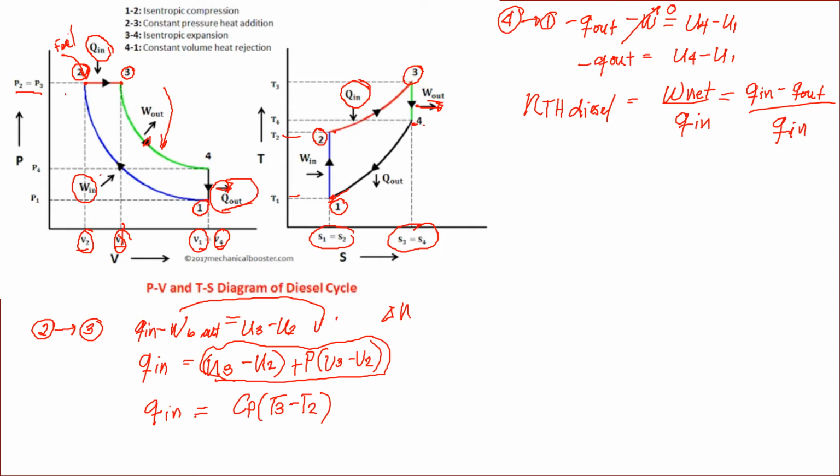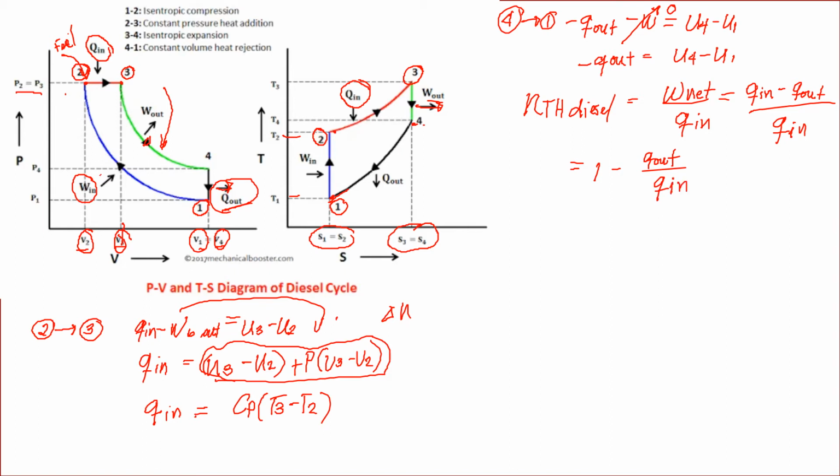Okay, so that makes it 1 minus Q out over Q in.